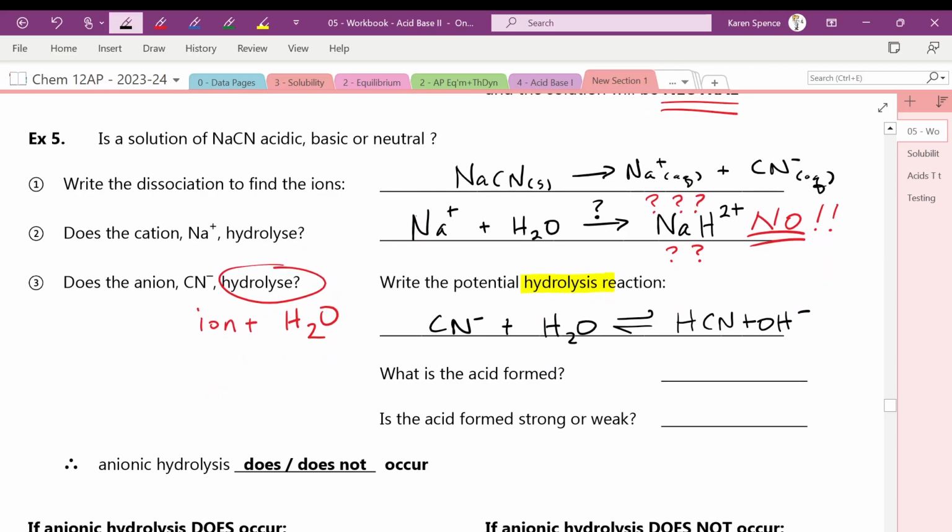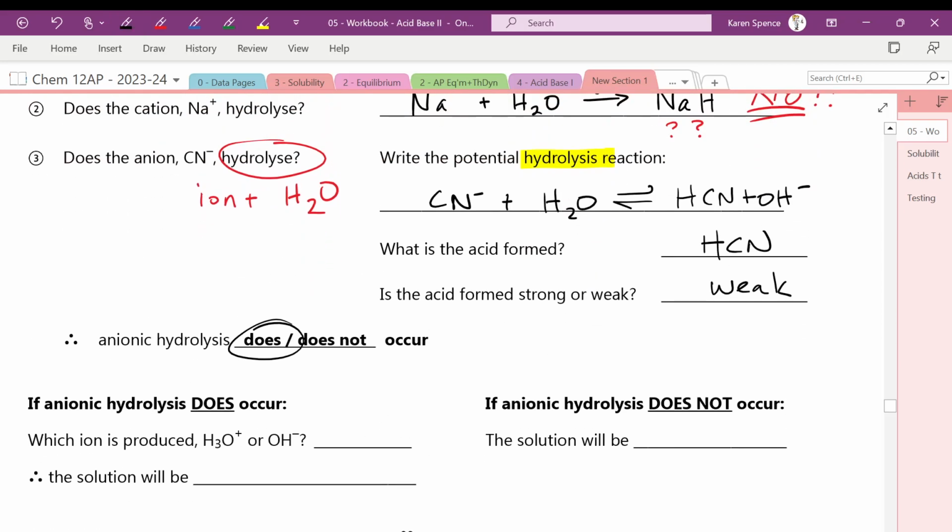What acid is formed? HCN. Is that acid strong or weak? Weak. Therefore, does anionic hydrolysis occur? Yes, it does occur. If it does occur, which ion is produced? OH minus. Therefore, the solution will be basic.